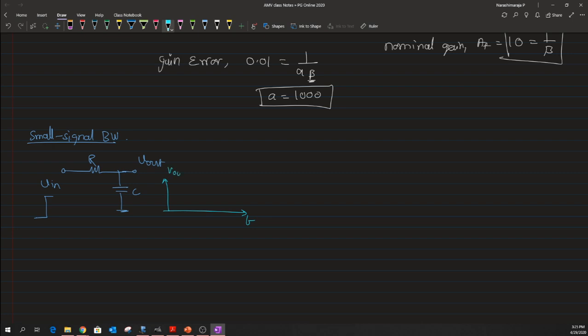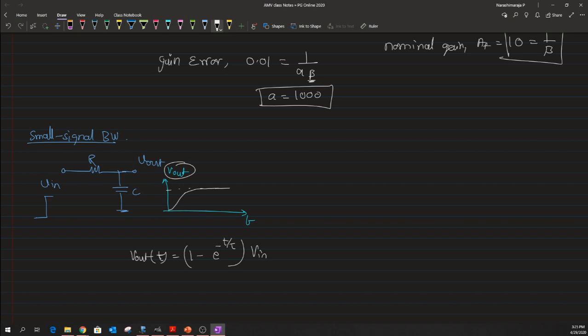The Vout can be expressed as an exponentially varying signal, right? So it grows and then reaches the final steady state. One could visualize this Vout as two quantities. Vout in time domain can be written as 1 minus e to the power of minus t by tau, multiplied by the value of Vin.